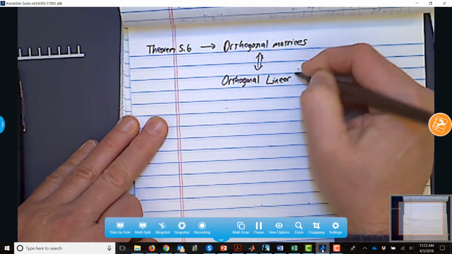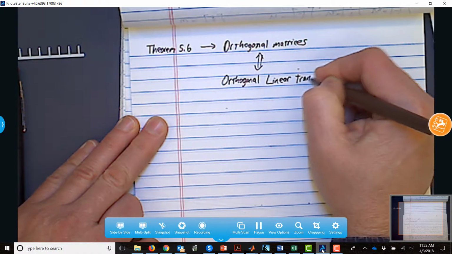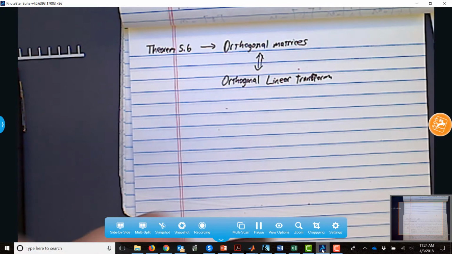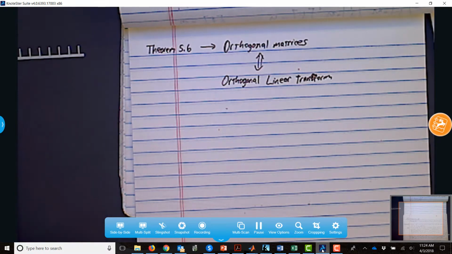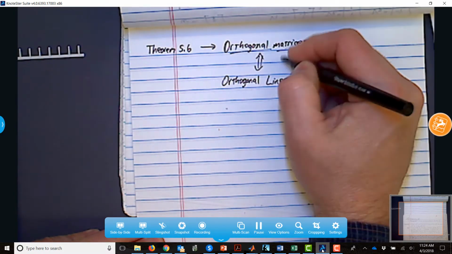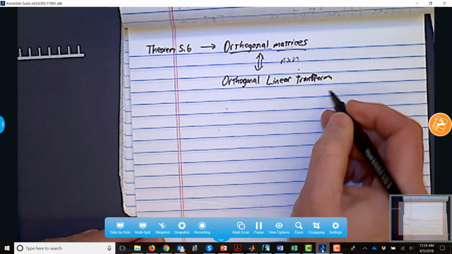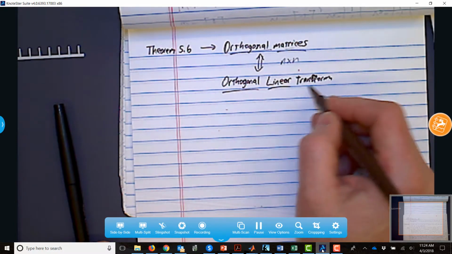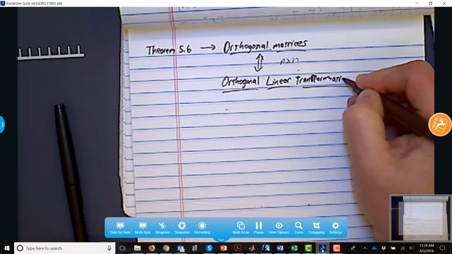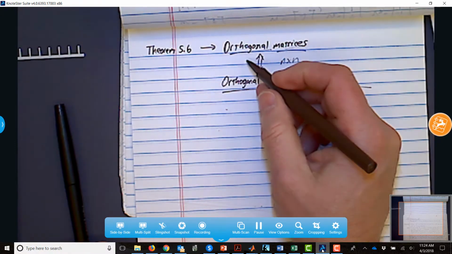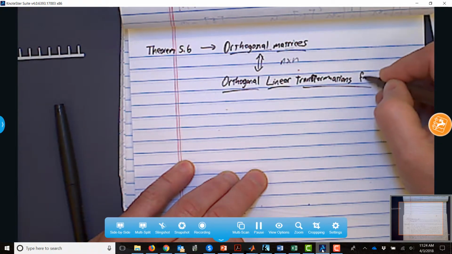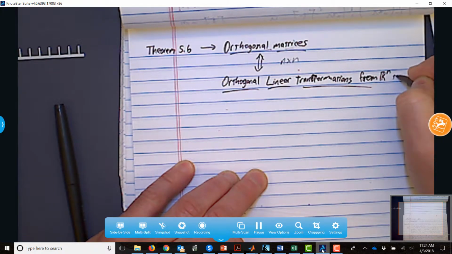From where to where? In general, it's from Rn to Rm. But if we say an orthogonal matrix, this is automatically n by n. So it's from Rn to itself, right? So orthogonal matrices are actually orthogonal linear transformations from Rn to itself.